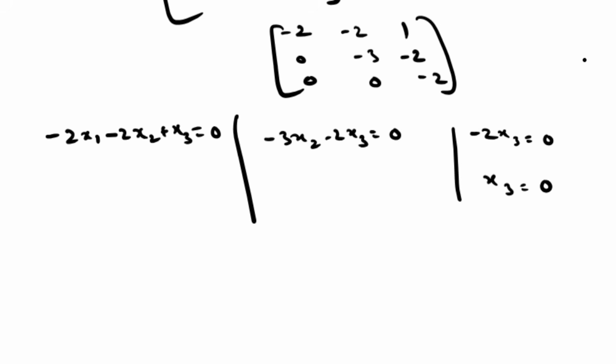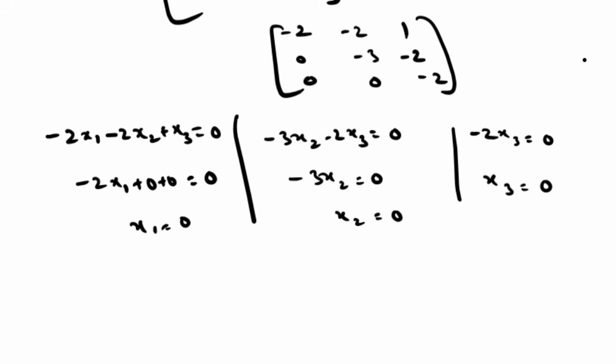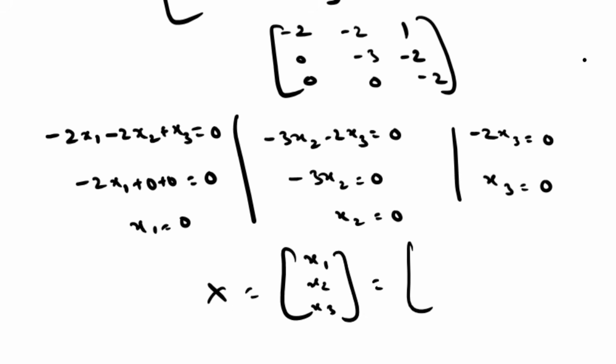Substitute this value, minus 3 x2 equals to 0. Therefore x2 equals to 0. Now substitute these two values in the first equation. Minus 2x1 plus 0 equals to 0. Therefore x1 equals to 0. X is equal to x1, x2, x3 equals to 0, 0, 0.